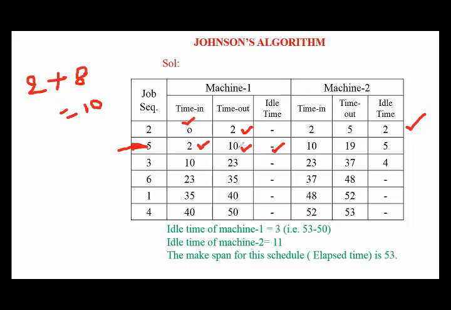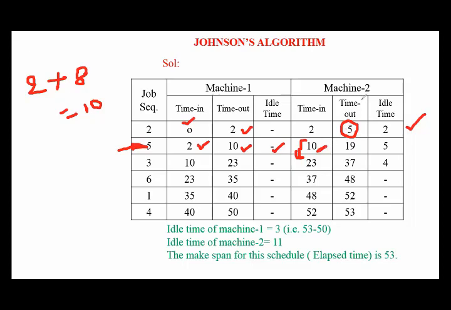So there is no idle time for machine 1. Continuously the machine was working, and after completion of this job at machine 1, we send the job to machine 2. So on machine 2, the job started at the 10th hour. The previous job was completed at the 5th hour itself on machine 2. Machine 2 was idle up to the 10th hour, waiting for the job. We give the job at the 10th hour.